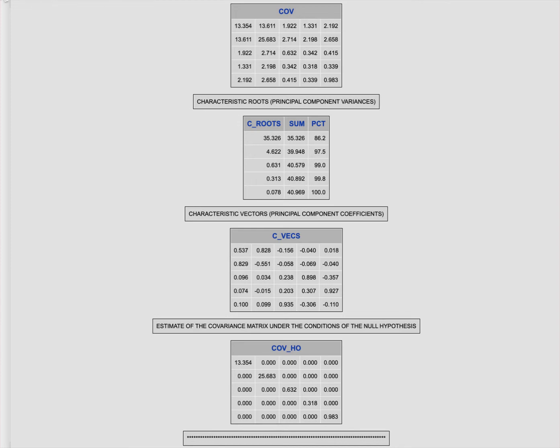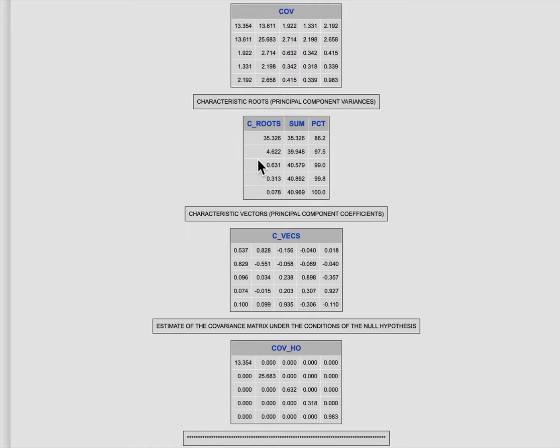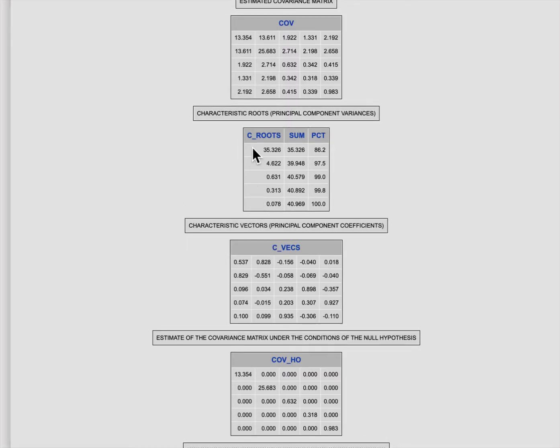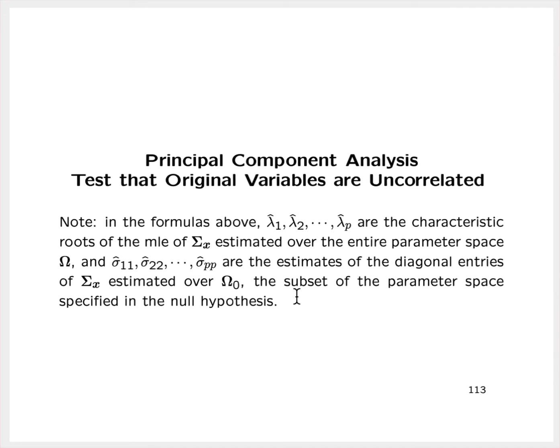So again, to calculate the test statistic, we need the lambda hats. These are computed from the estimated covariance matrix where we're not imposing any restrictions on the estimation procedure, and those are given by these characteristic roots. The other quantities we need are the sigma hats.